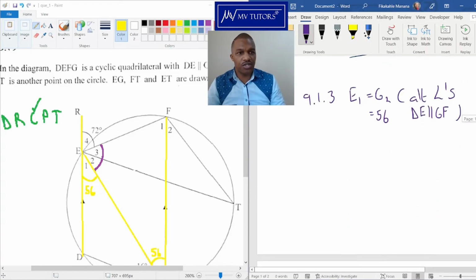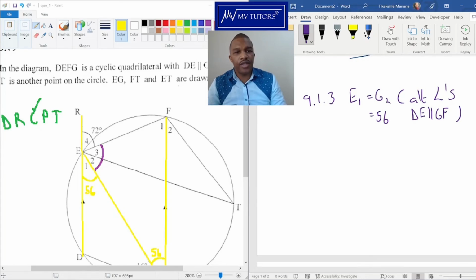Now let's continue with that calculation. We're then going to say E1 plus E2 plus E3 plus E4 is equal to 180. And the reason is straight line.